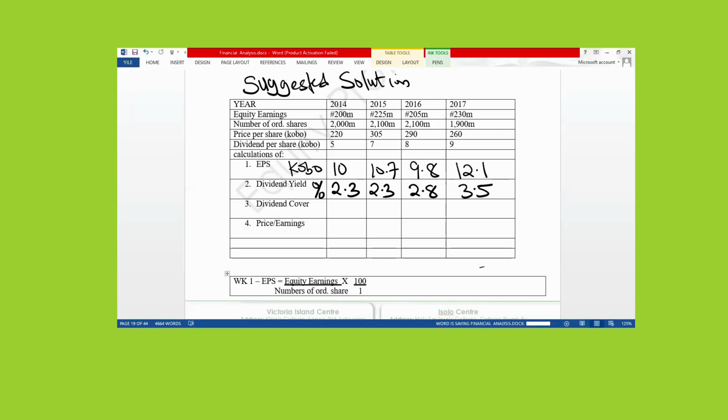Your dividend cover ratio is the number of times the company's distributable profits cover dividend payments.